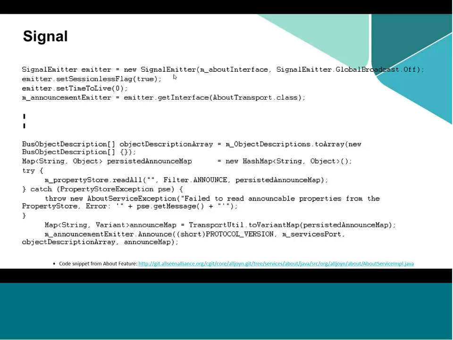We set some flags on it, and then we get that interface out of it. And then we set up here in the latter part of the code, we create our object descriptions and set everything up, and then we use that emitter object and we call the method that we want to have executed. So this is that announce method, that signal that's part of the definition of this interface. And we're going to send it the version, the port, the object description, and the array of the features per the spec and per the definition of that interface.